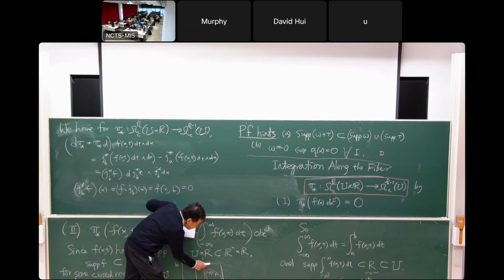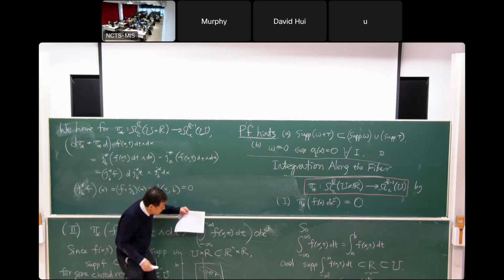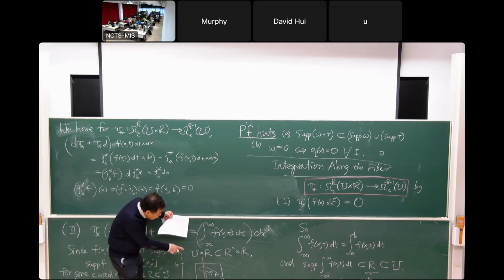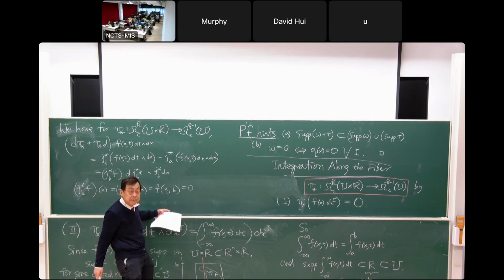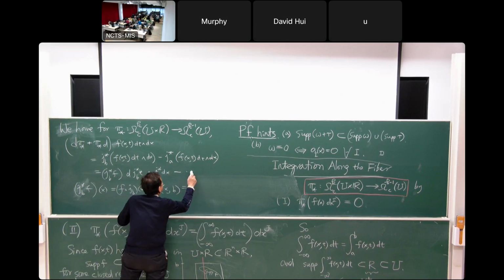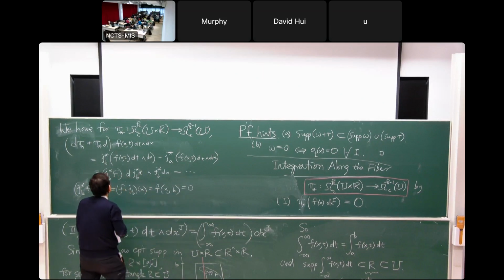Because if it's positive here, it's going to be positive in the neighborhood by continuity. So the support will stick out. So if the support is contained in a closed rectangle, then at the boundary it has to be 0. And so this term is 0.